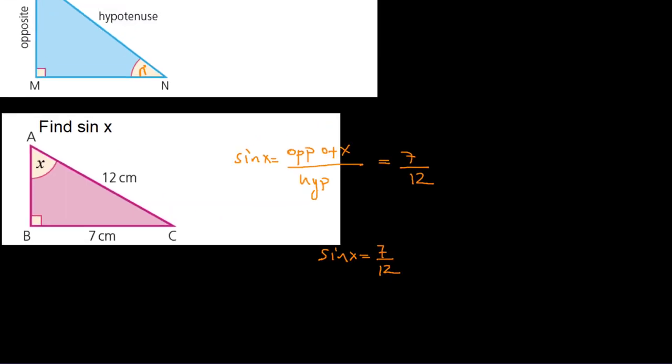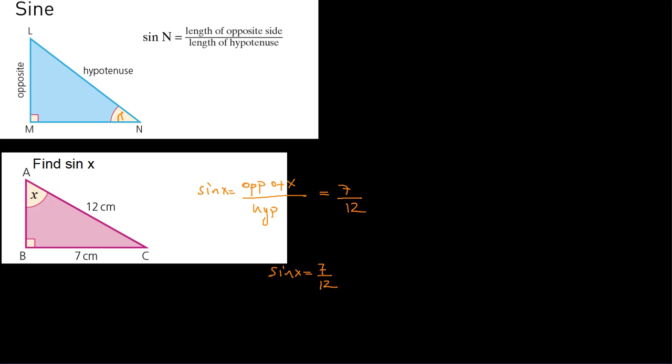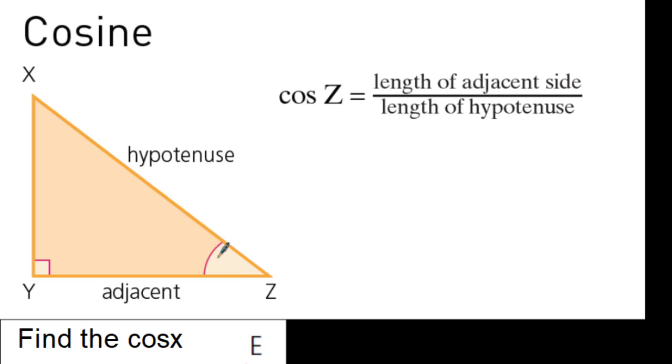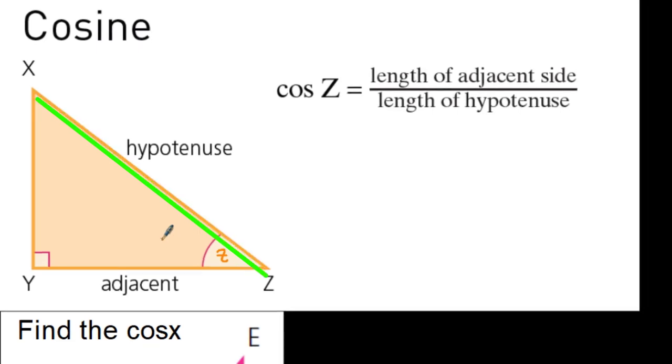Okay, the next one, the third trigonometric ratio, is going to be cosine. If we name this angle z, cosine of z is the length of the adjacent divided by the length of the hypotenuse. So first we need to find the adjacent side.